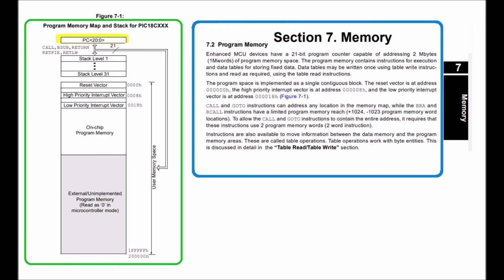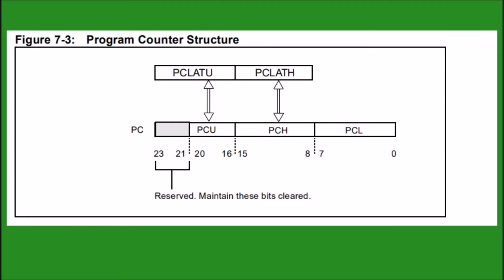So, again, as the CPU fetches the opcode from the program ROM, the program counter is incremented automatically to point to the next instruction. The wider the program counter, the more memory locations a CPU can access. In the 18F, once again, this is a key feature and an upgrade because the program counter is 21 bits.